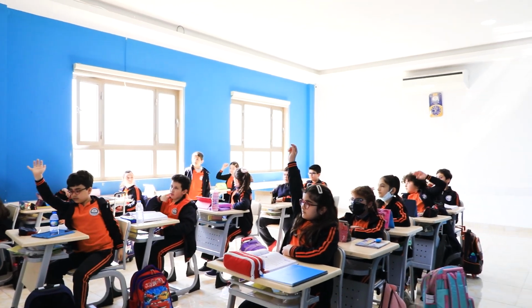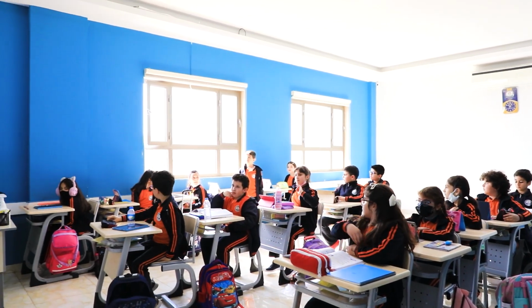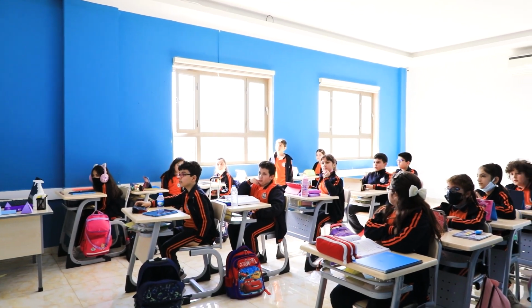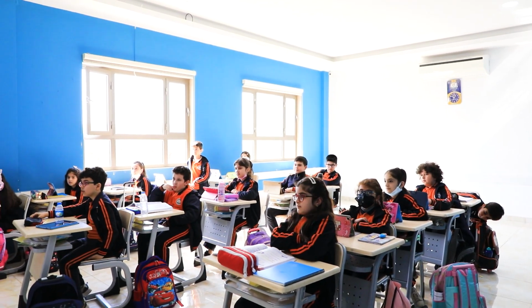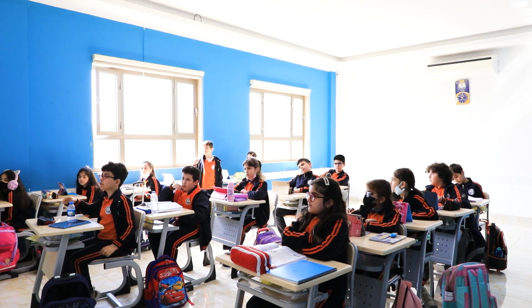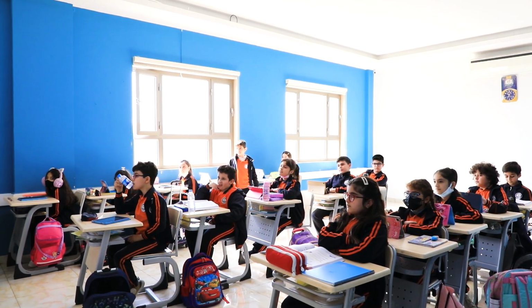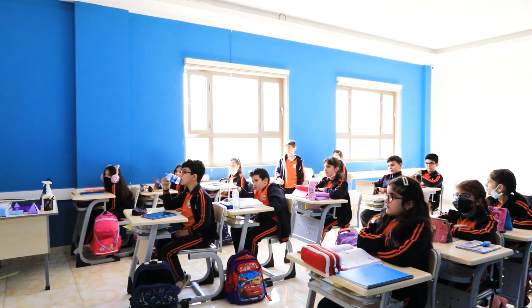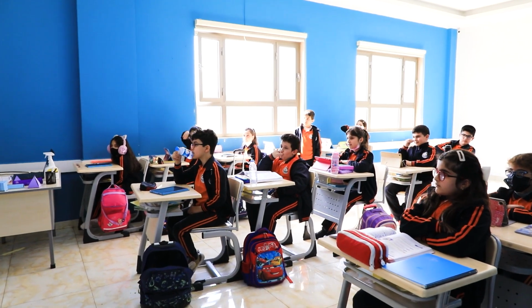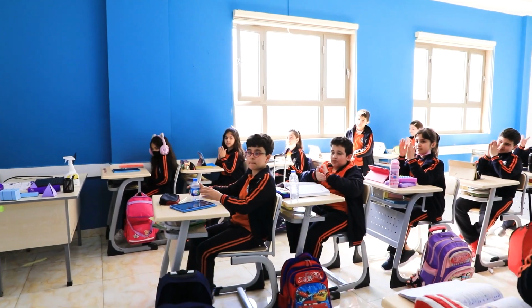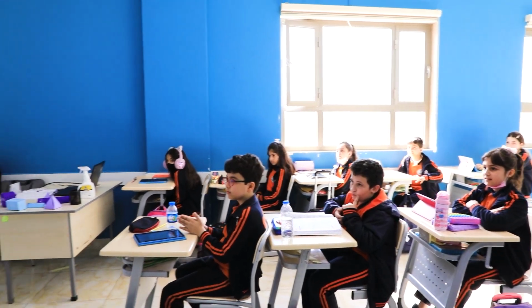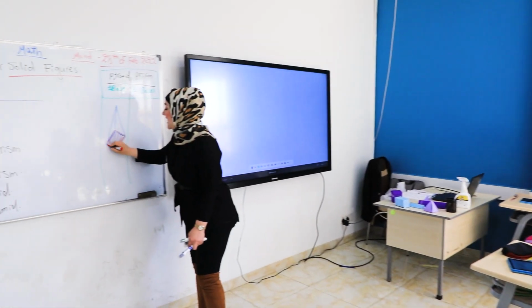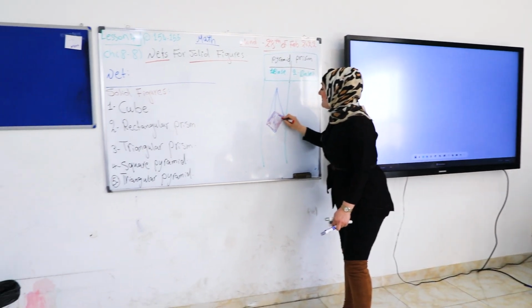Yes, Muhammad Abdul Samad. Because pyramid has one base, but prism has two bases. Very good. So how many bases could you find in this solid figure? We have only one base. The base shape is? Triangle? Square. Clap for him. So the shape of the base here is a square.